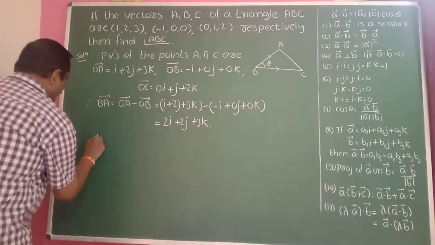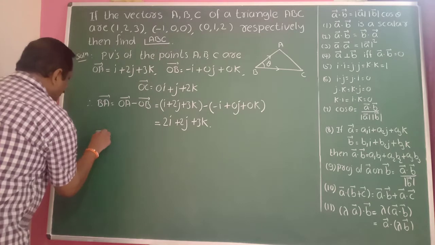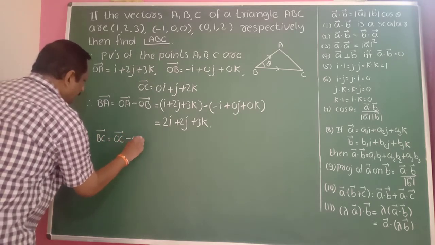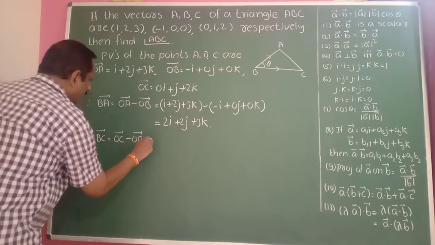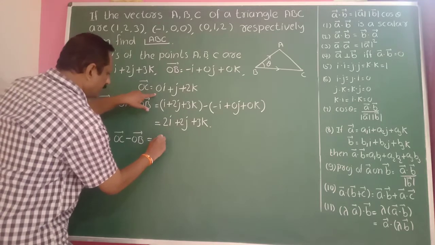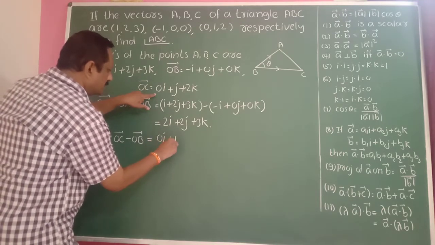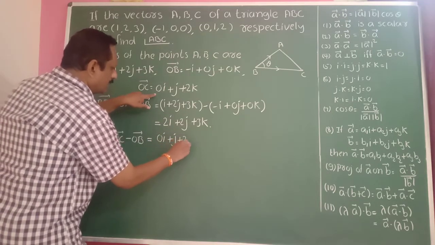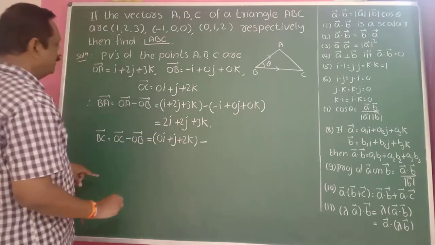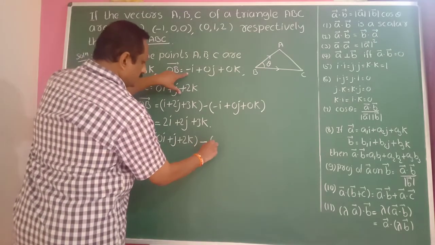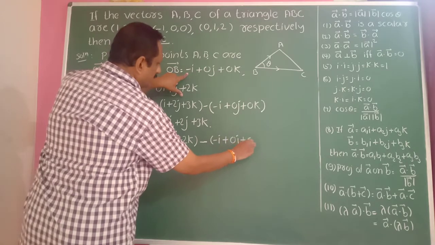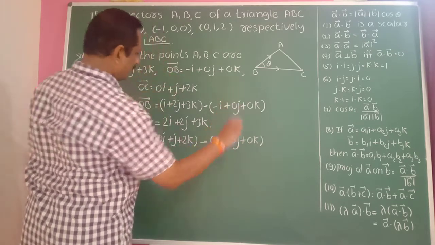So the vector BC is equal to OC minus OB. Here the vector OC is 0i plus j plus 2k, minus the vector OB, which is minus i plus 0j plus 0k.